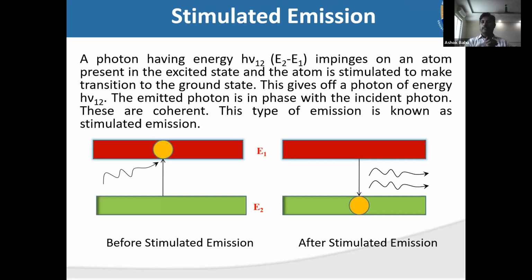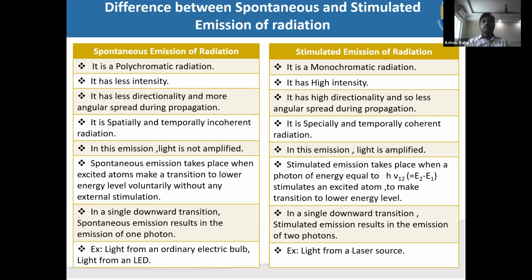By stimulating, the atom is de-excited to the ground state, and it gives off a photon of energy h nu. The emitted photons, the two photons, are in phase. Okay, so they are coherent. We are going to discuss the characteristics of lasers, including coherence, and this is known as stimulated emission. Now see the differences between the stimulated and spontaneous emission.